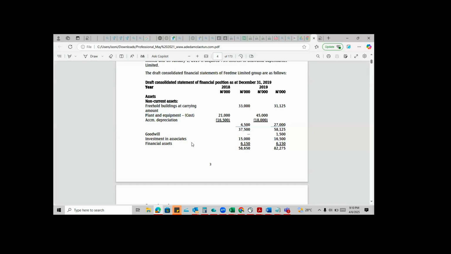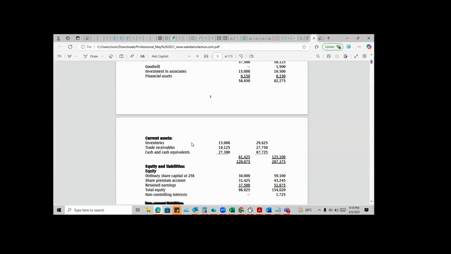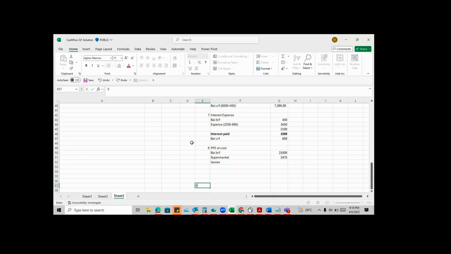I have a lease obligation mostly because I have acquired a non-current asset. Okay, so if I want to show my examiner that I really know what I'm doing, I may want to introduce leases here. But in introducing that leases, I have to be careful. It means that I need to do another working for leases.